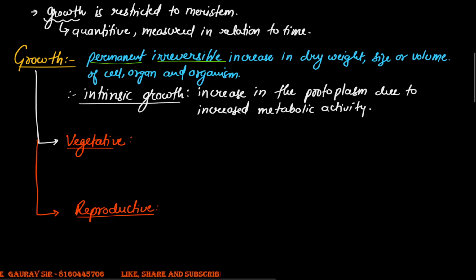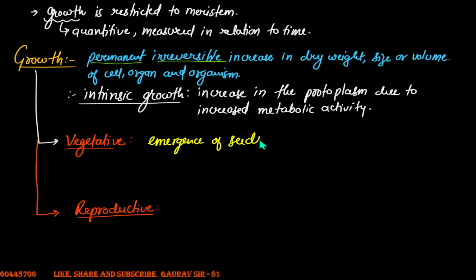So what do we actually mean when we say vegetative growth? The growth that takes place between the emergence of seedling and flower initiation.